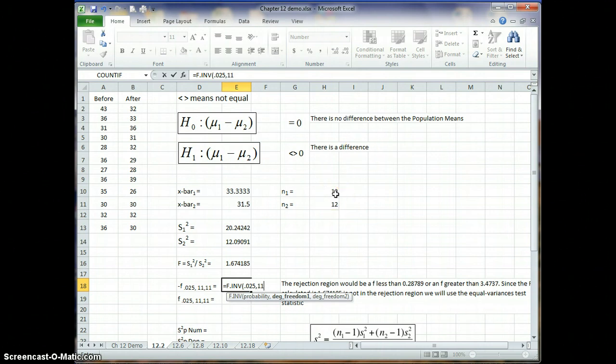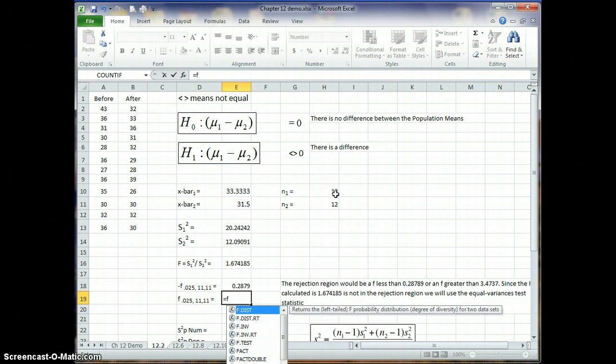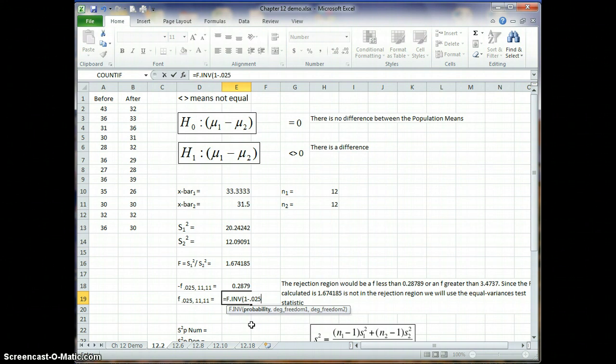We'll just type in the 11, and it's going to be the same for degrees of freedom 2. Close the parentheses, and it gives us 0.2879. So that's on the lower end, and then we'll do it again with the upper. In this case, the probability is 1 minus the 0.025, and then we've still got the same 11 degrees of freedom. And with that, we calculate 3.4737.